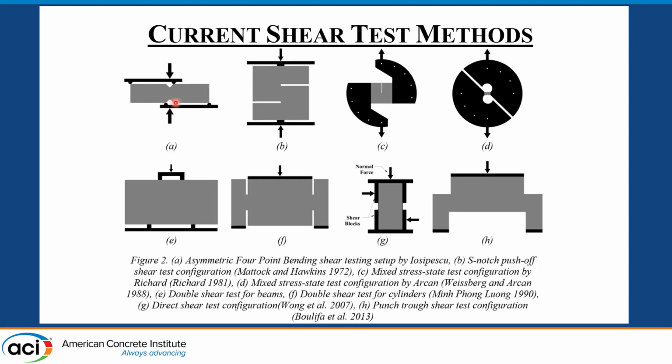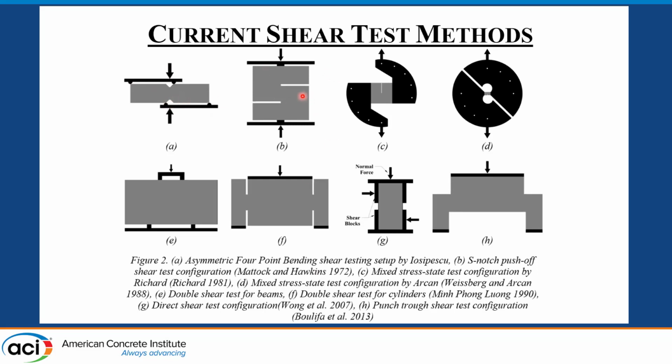That's the one which came closest to generating pure shear, because in that setup we get zero moment in the notch section in the middle, so we think it's very close to pure shear.